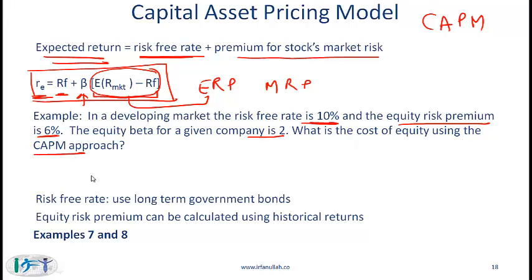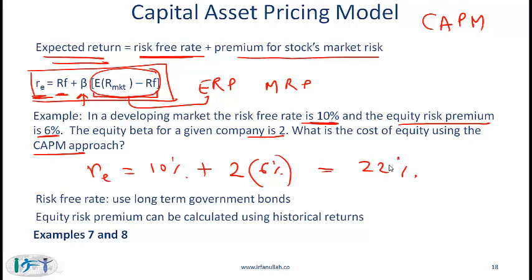The cost of equity is equal to the risk-free rate, which in our example is 10%, plus the beta, which represents the riskiness of the company, 2, multiplied by the equity risk premium, which is 6%. The correct answer here is 12 plus 10, which is 22%.